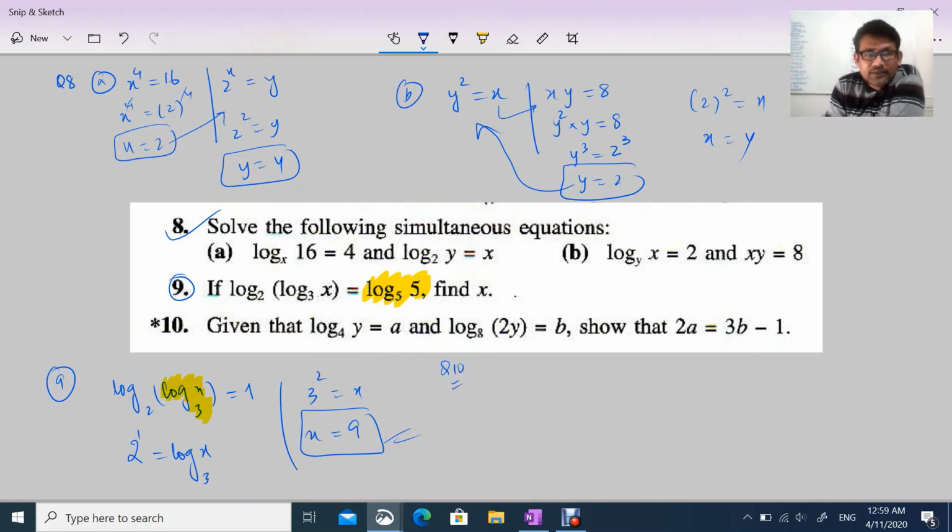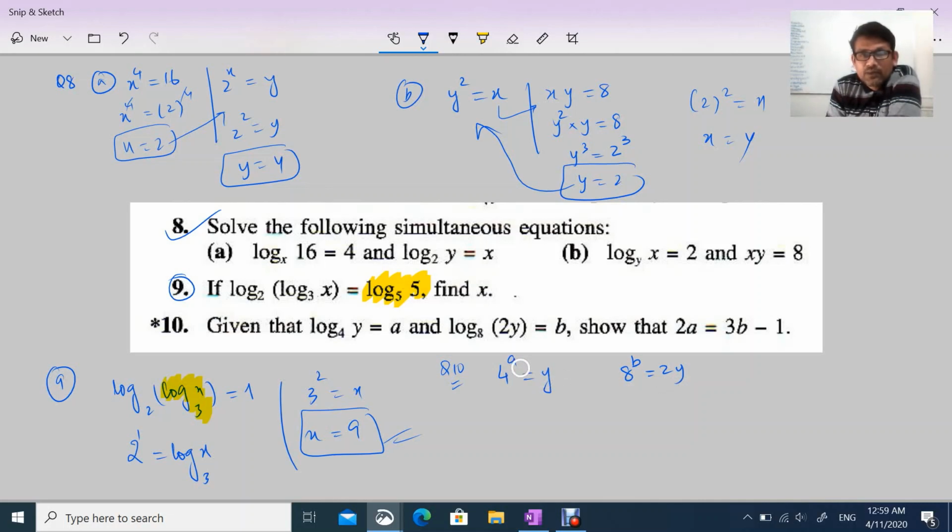4 power a, first converting into index form: 4 power a is equal to y, and 8 power b is equal to 2y. I cannot just divide 2 here, and with 8 I cannot cancel it. But I can make what?